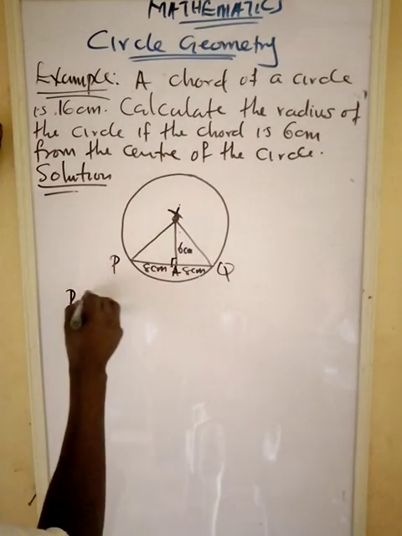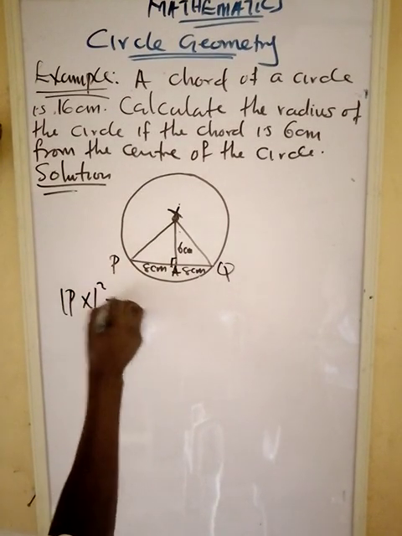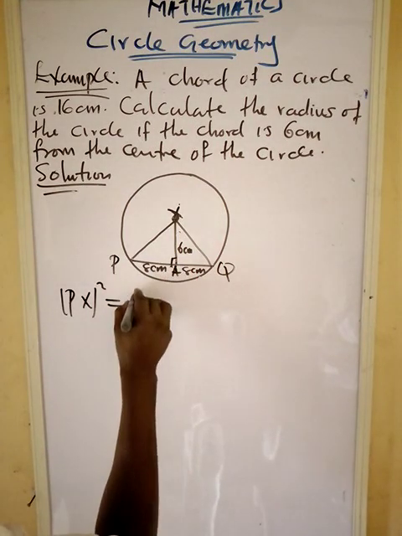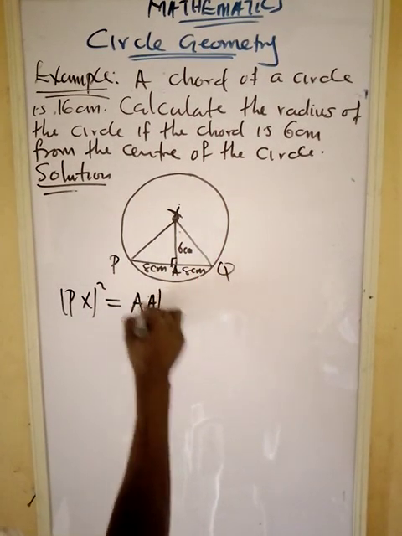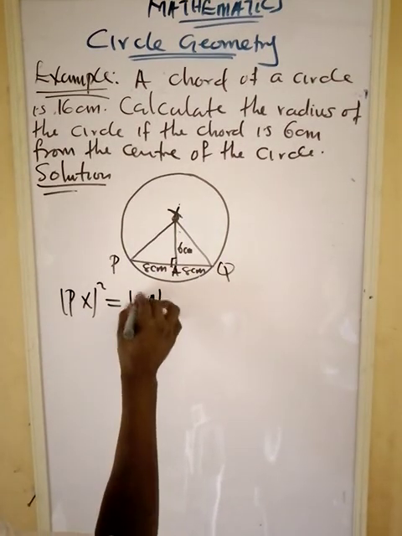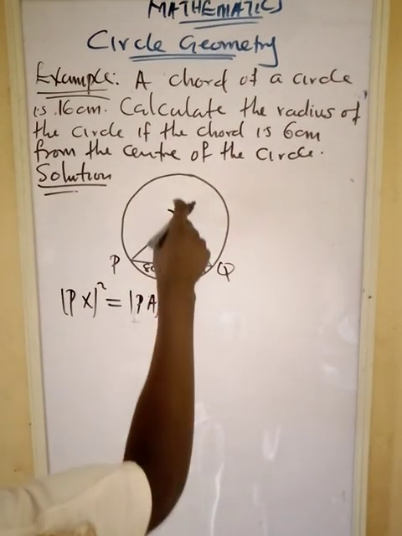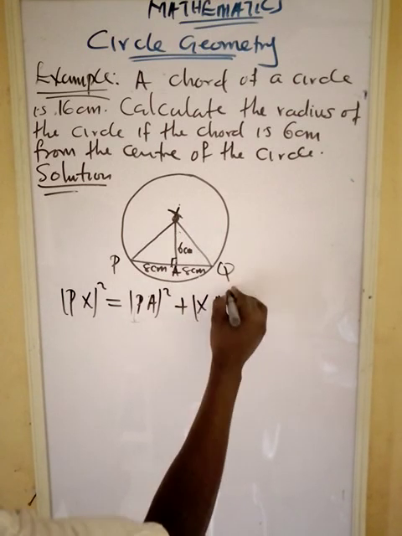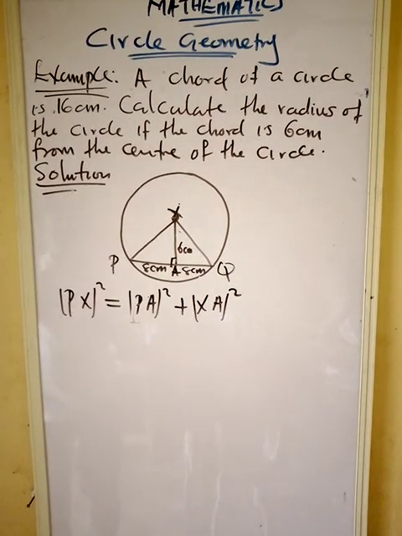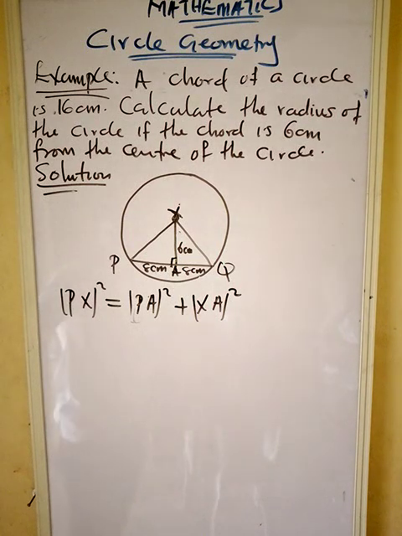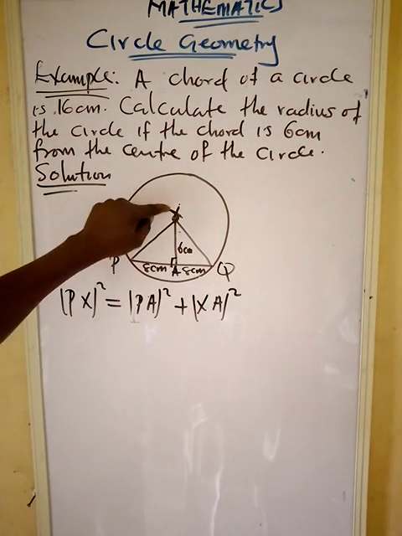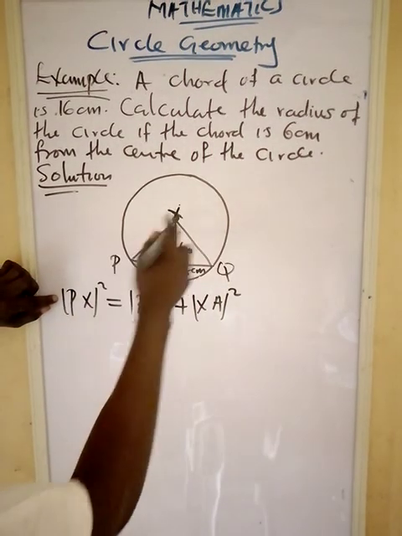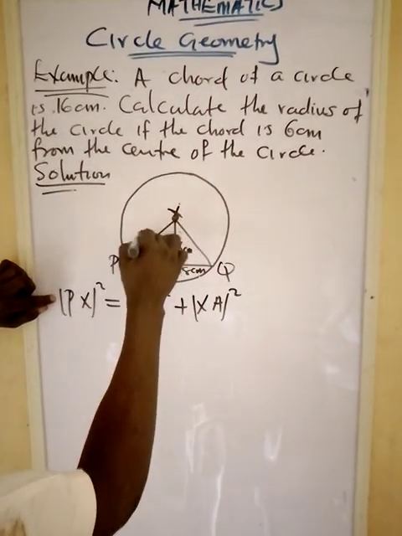PX squared equals PA squared plus XA squared. Listen very well. We name this P, this is X and this is A. So we have to calculate PX, from here to here, our hypotenuse.